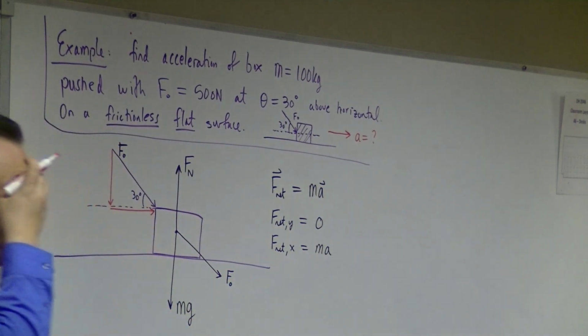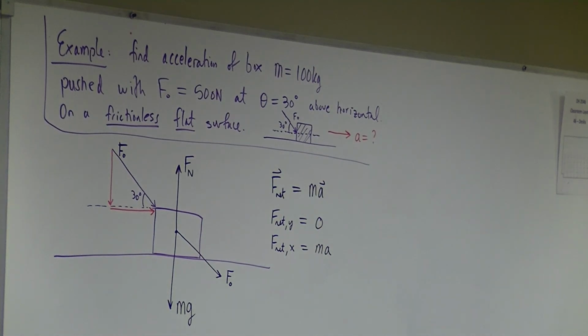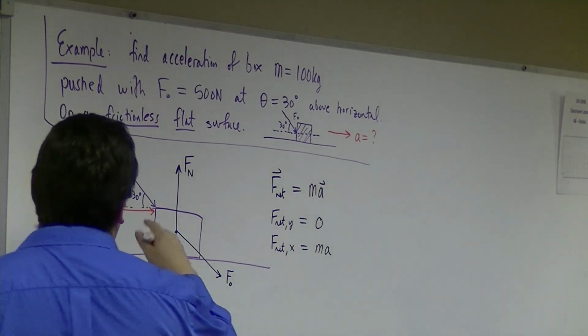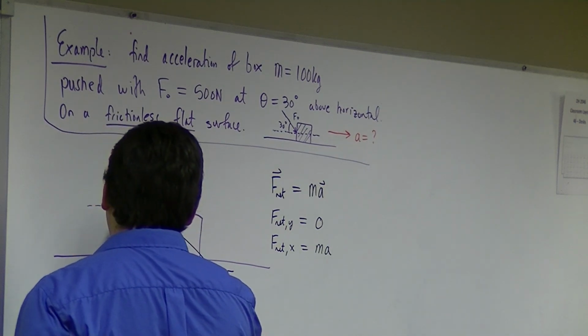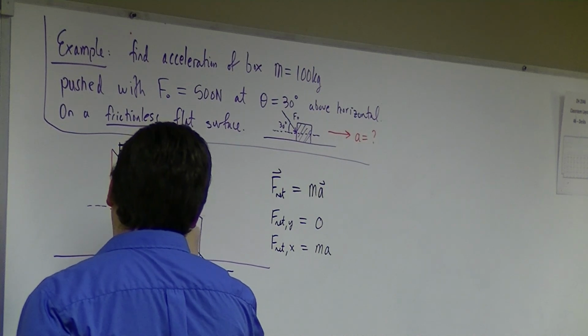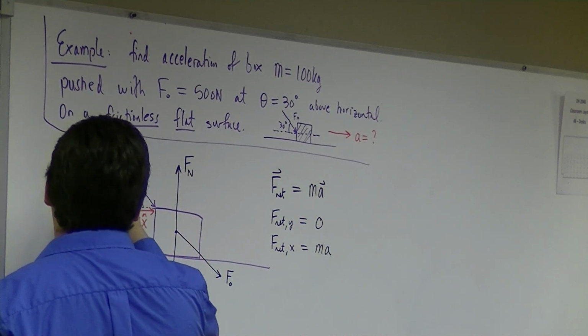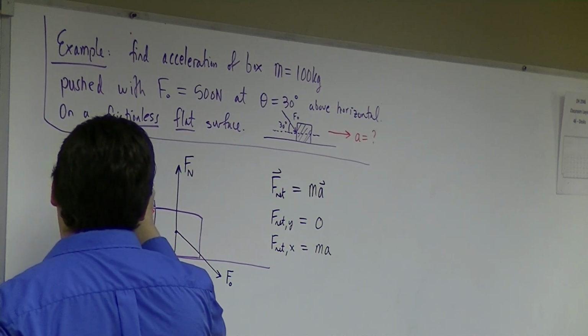As I have illustrated in red there, you can break that diagonal, slanted vector into two perpendicular, horizontal and vertical vectors, which we can build F naught from. So in particular, I've got F naught cosine 30 x hat, and I've got minus F naught sine 30 y hat.